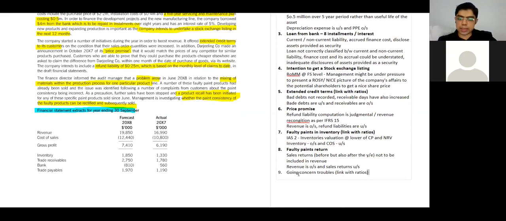Then the going concern troubles. Your bad, or rather adverse, liquidity and solvency position is indicated by payable days, say quick and current ratio.